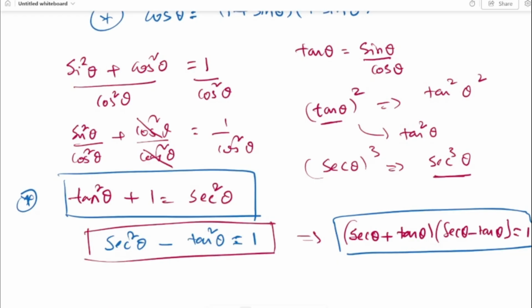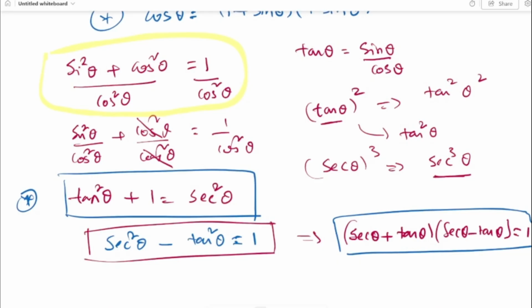Okay, now this equation here, let me underline this equation here. We divided with cos square theta. Likewise, you pause the video, divide with sine square theta and see what happens.